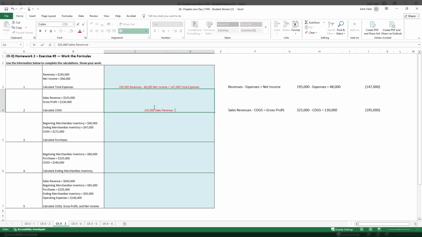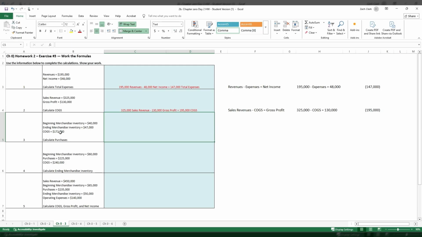And I would just say, there's not a whole lot of areas where we're going to be doing this kind of algebra work, but it's still a good idea to play around with these formulas just to get them in your mind. And there are times where you do need to use some basic algebra when you're doing accounting work, not all the time, but it's good to know some basic algebra skills.